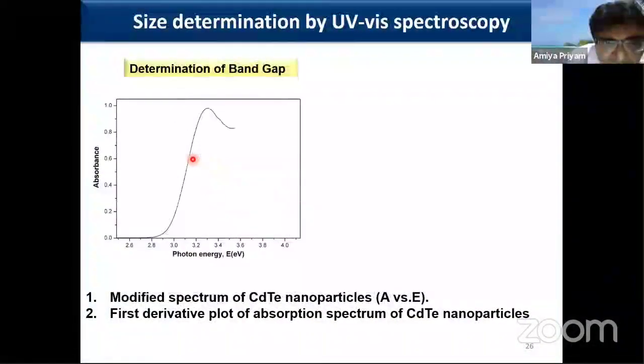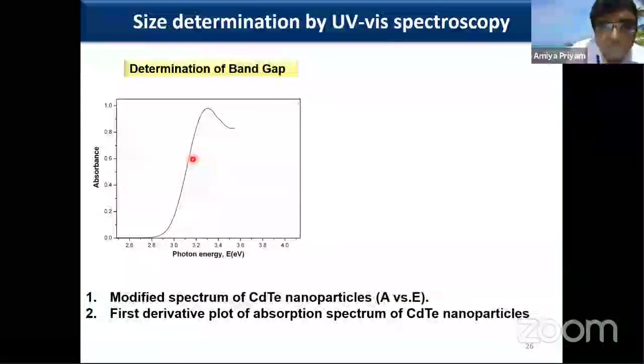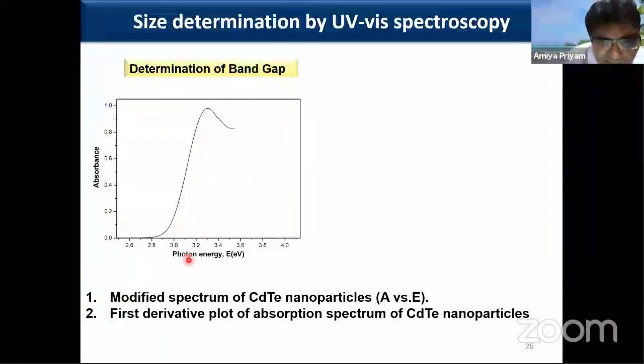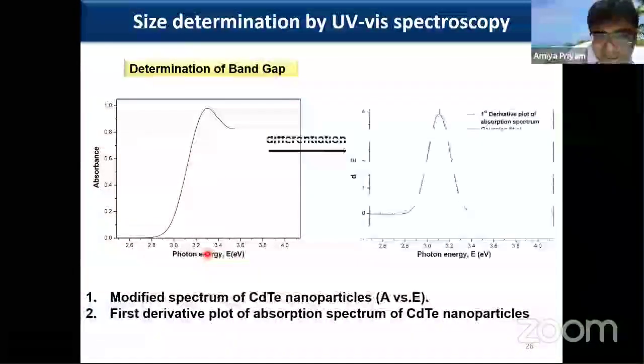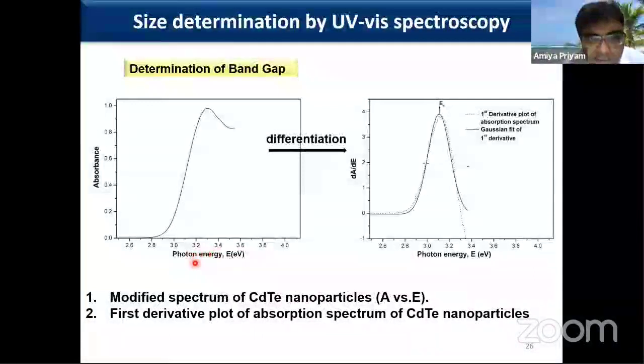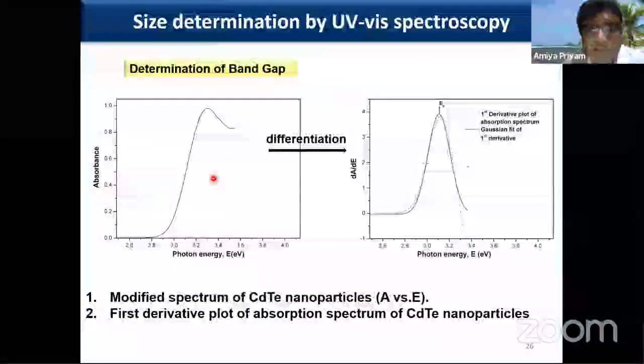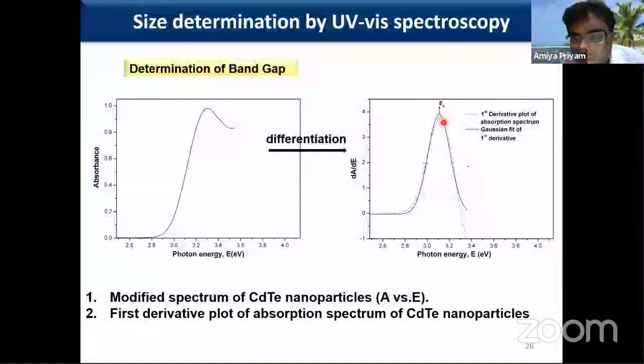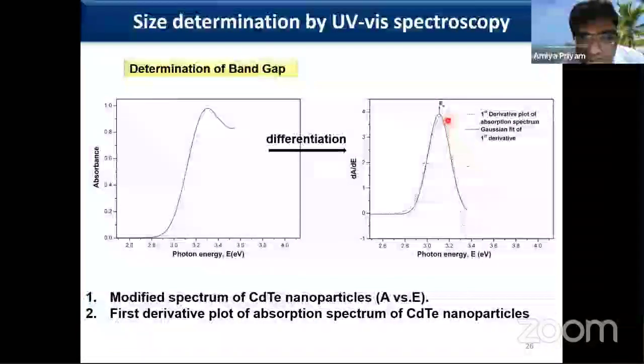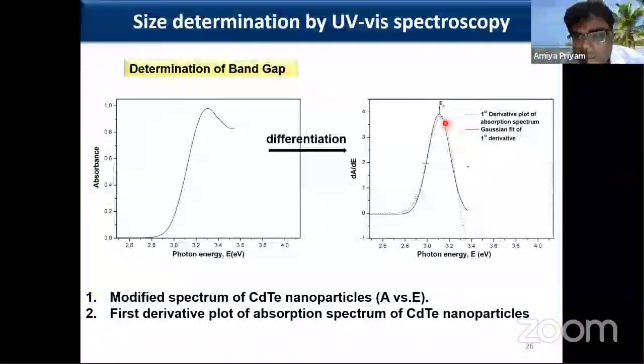Then you can change the axis and convert it to photon energy, and then take the differential dA by dE, and the peak over here gives you the band gap. This is a better way of determining the band gap as compared to the Tauc equation, which is conventionally used.